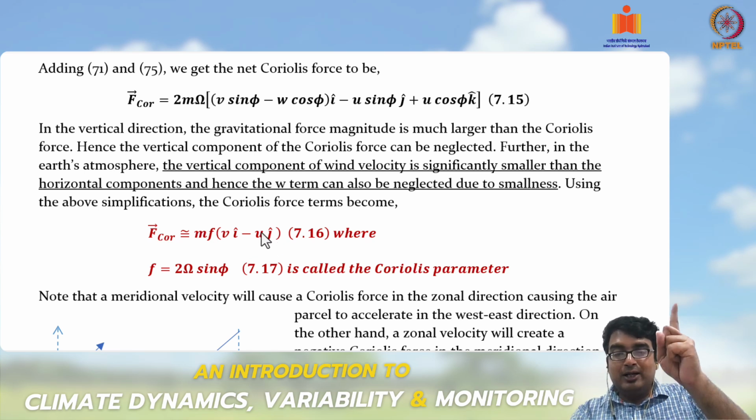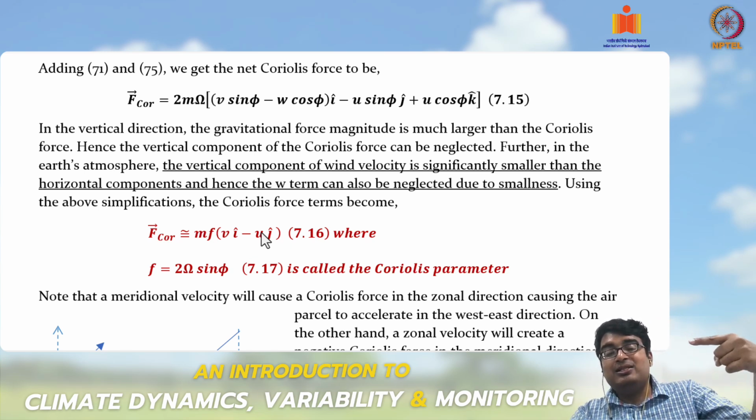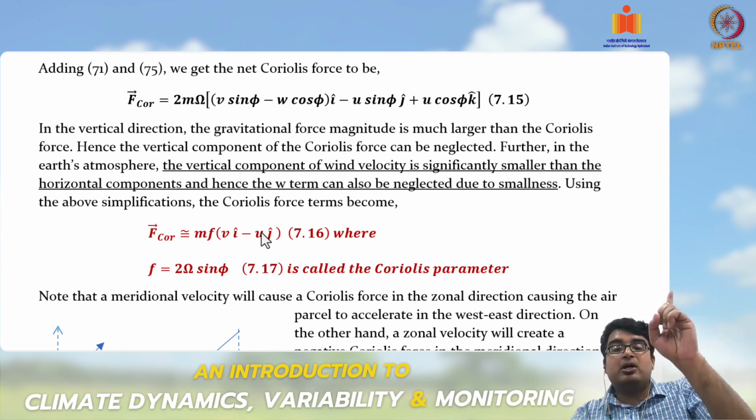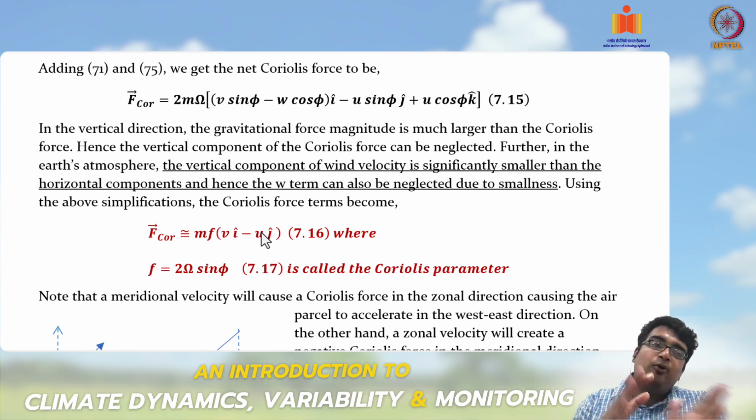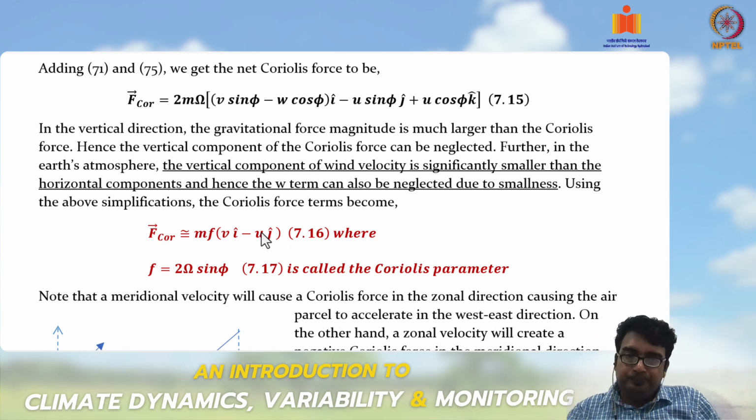So, the north-south velocity creates the x component of Coriolis force, east-west velocity creates the y component of Coriolis force. Okay. The Coriolis force is generated perpendicular to the wind direction. This is very important also.